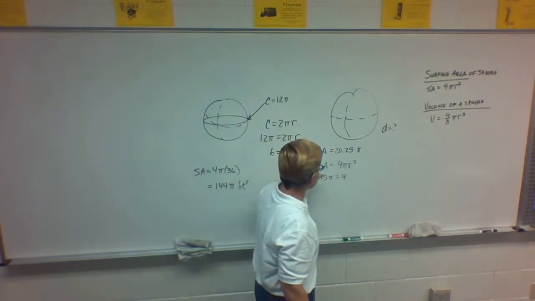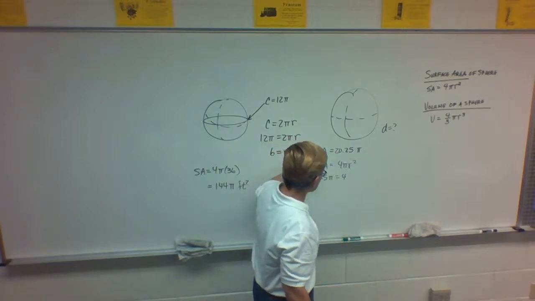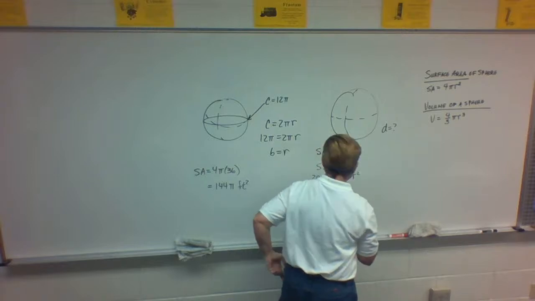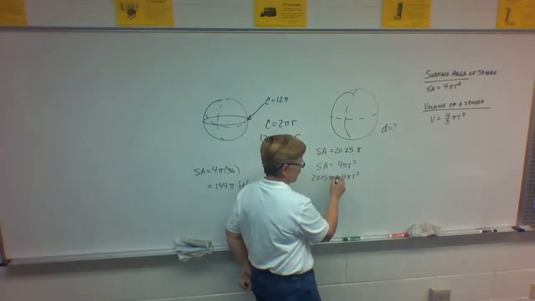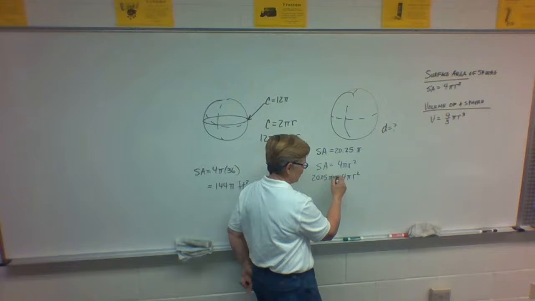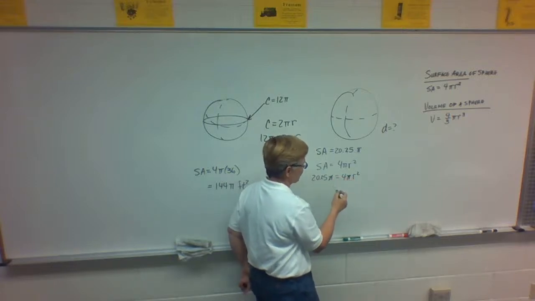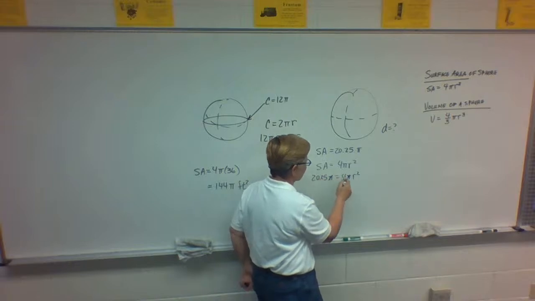Surface area is 20.25 pi. So here's my formula. I replace the surface area with 20.25 pi, and it equals 4 pi r squared. So the pi's will divide out. If I divide both sides by pi, they're gone. That's awesome, when you can get rid of an irrational number. Then I take 20.25 and divide it by 4.